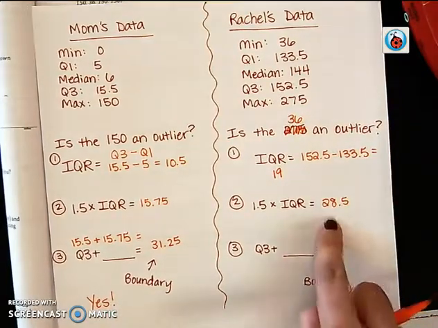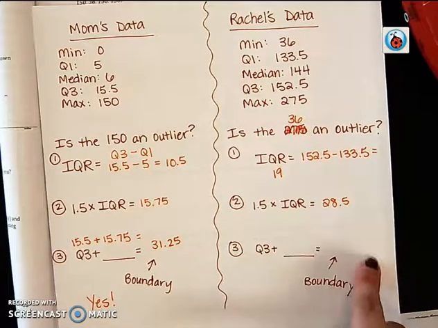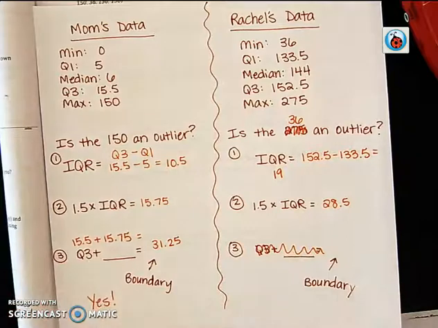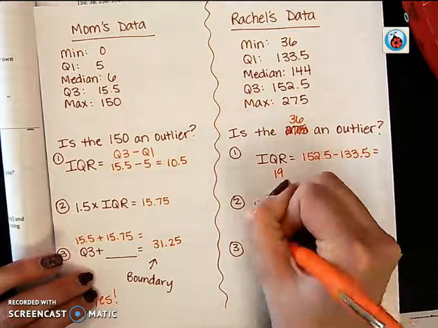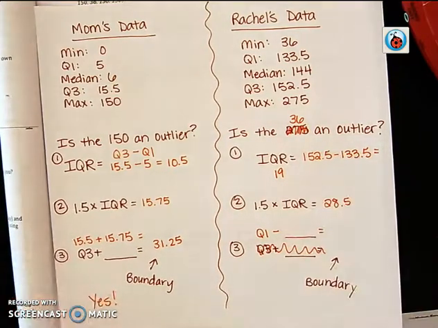Remember, this is the number that I am going to either add on to Q3 to test any higher outliers, and we decided we probably don't have any higher outliers, or we can start with Q1 and subtract this number to test if we have any lower outliers.